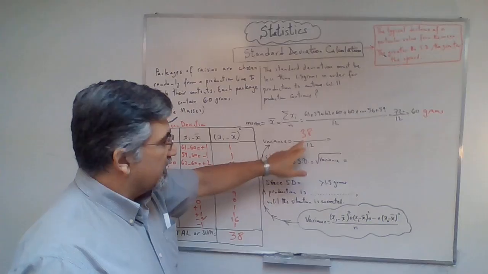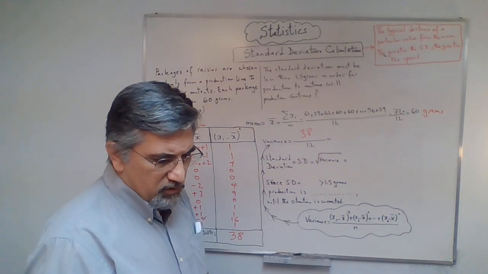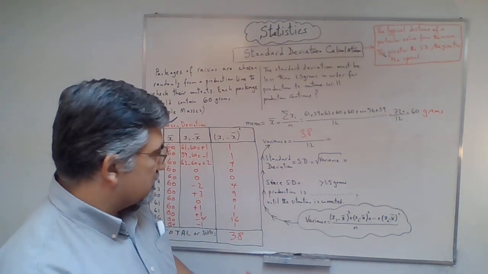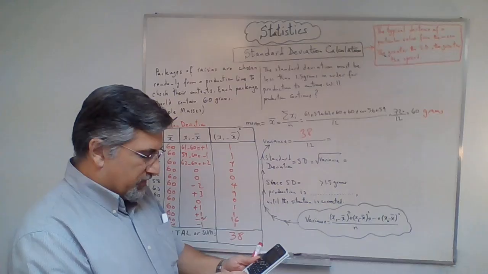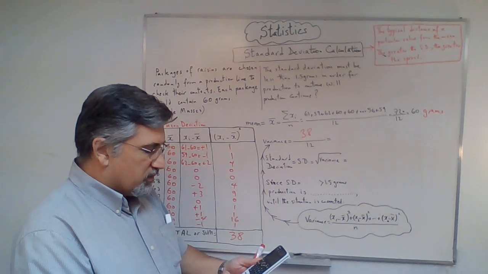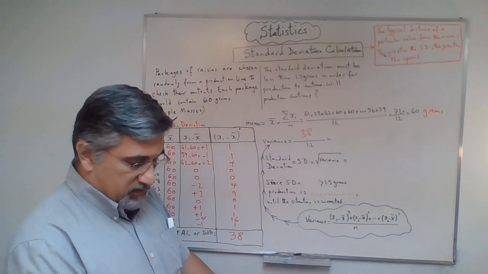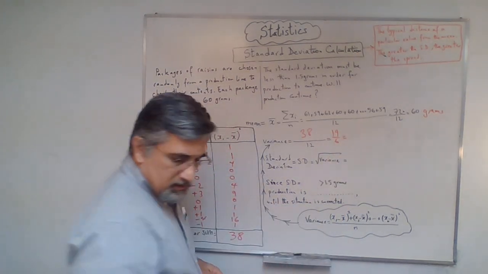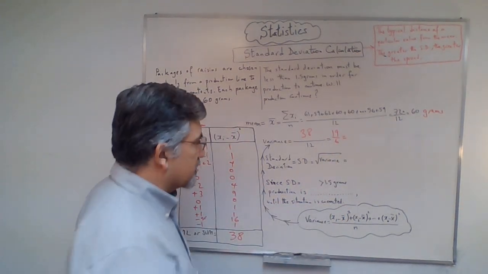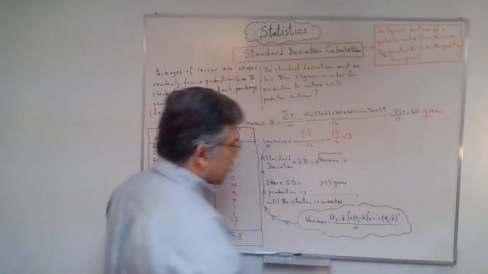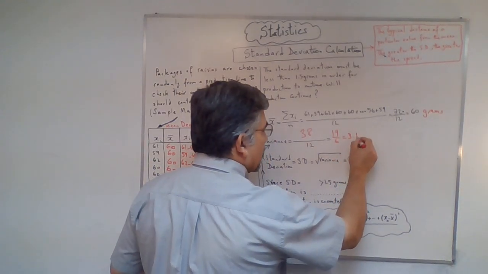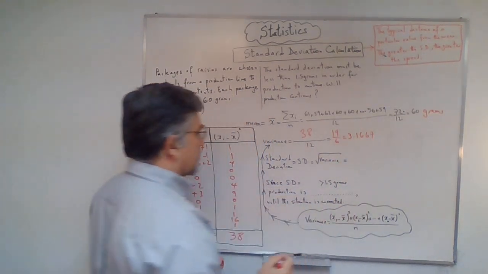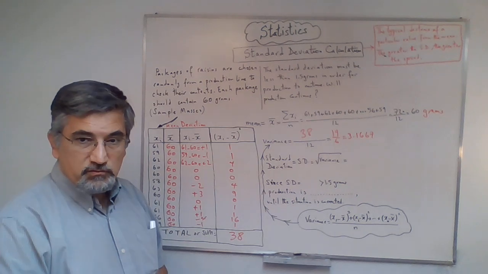So we divide 38 by 12, and we need to use a calculator to see what that would be. 38 divided by 12 is 19 over 6, which is 3.1667. So that's the variance, okay?